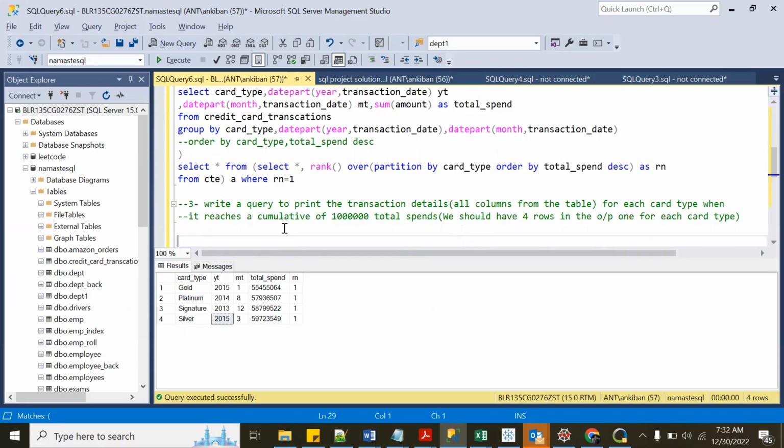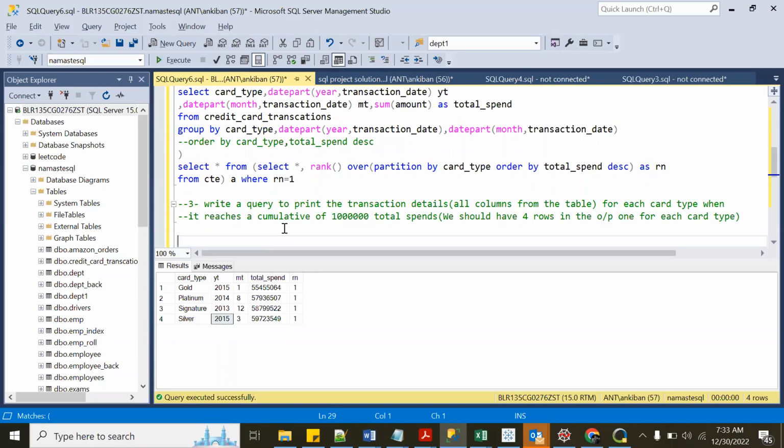Sir, I first took a CTE, selected all the columns and did a sum of amount over partition by card type and order by amount with rows between unbounded preceding and current row. On the second CTE, I then selected all where the sum of amount is less than or equal to that given amount.